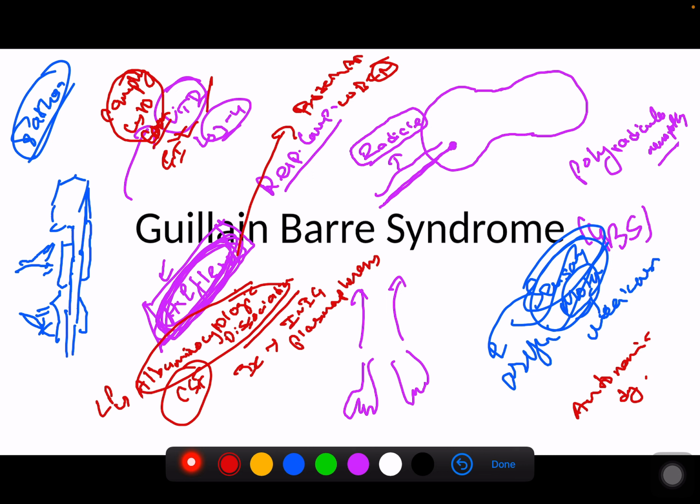Okay, so what are you going to do for the diagnosis? You can go for an albuminocytologic dissociation, where you'll see a higher amount of protein and a normal amount of WBC in the case of lumbar puncture. Or you can go for a nerve conduction study, or electromyography, and you can go for an ECG.